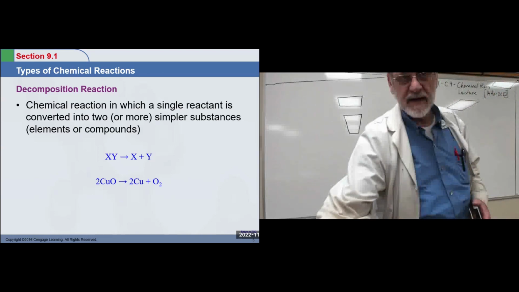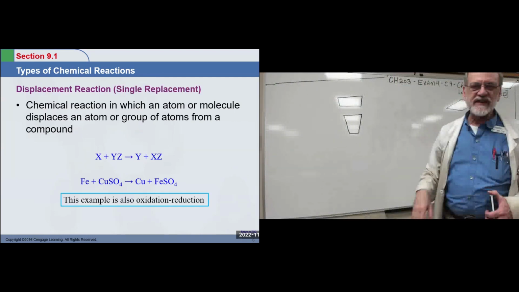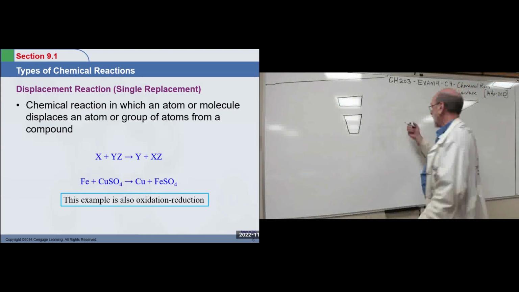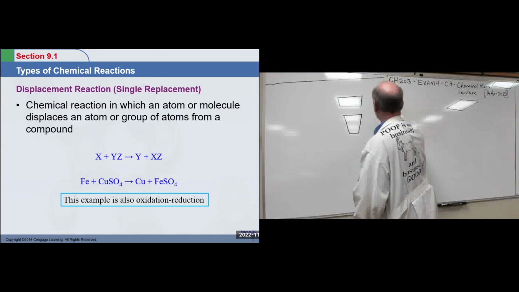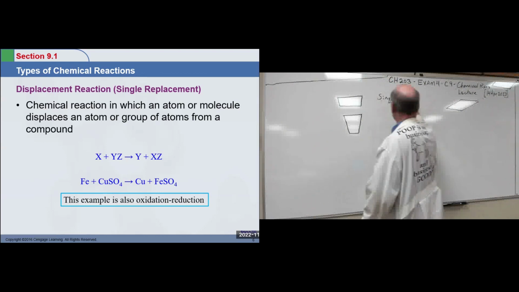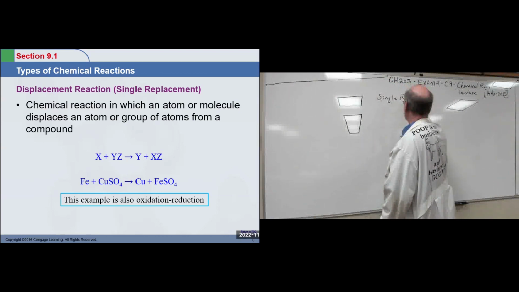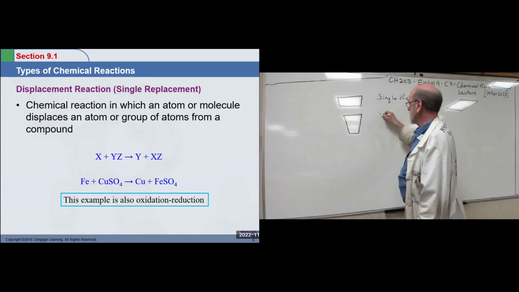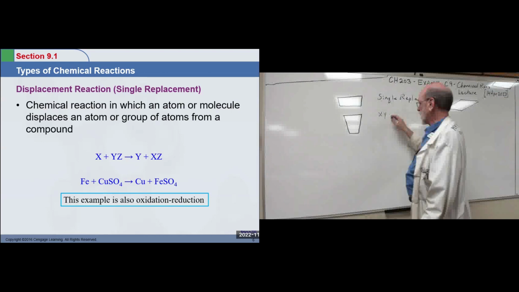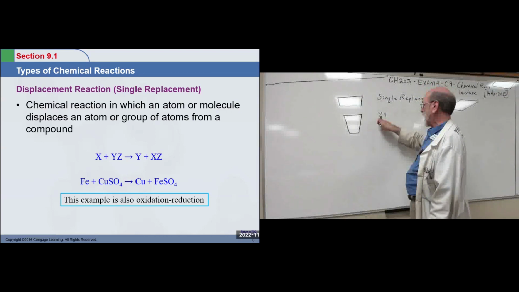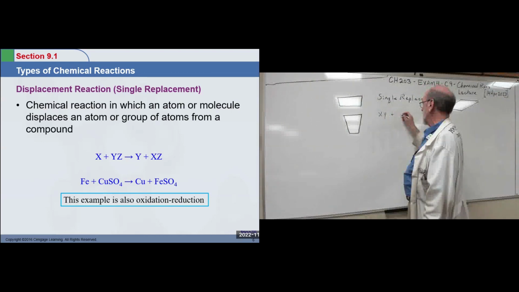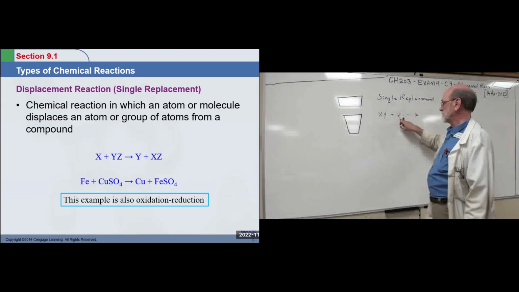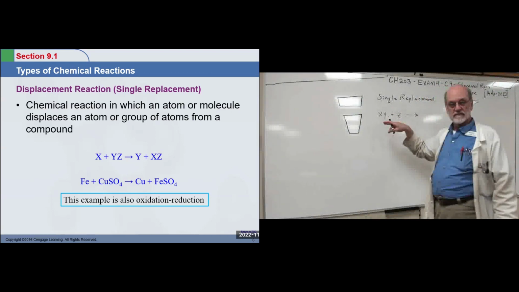All right. A displacement reaction or a single replacement. Either one is proper. I like single replacement. I think it's more descriptive. So if you have a compound like a cation and anion together, and then you have an element, this element will replace one of those.